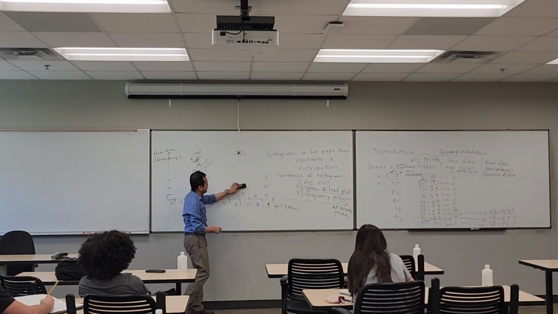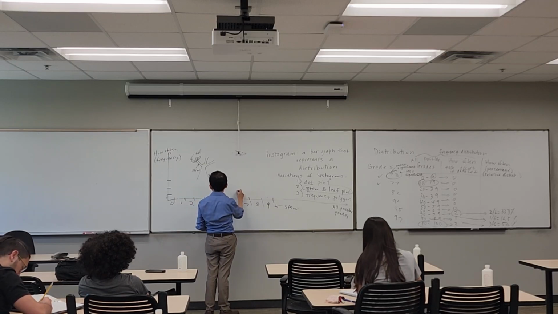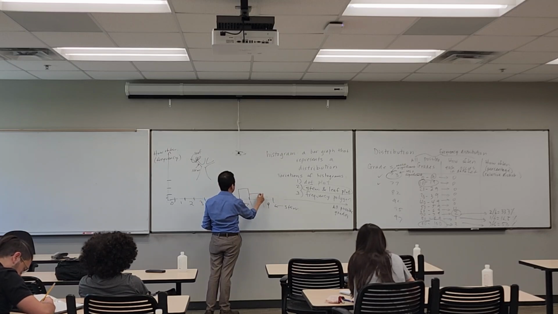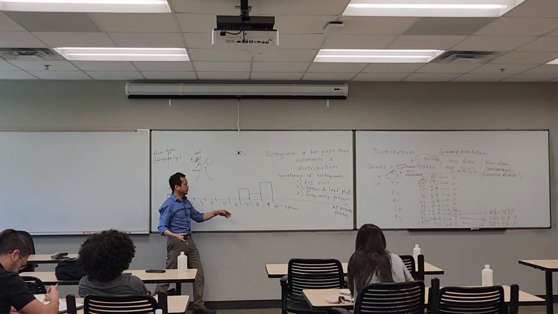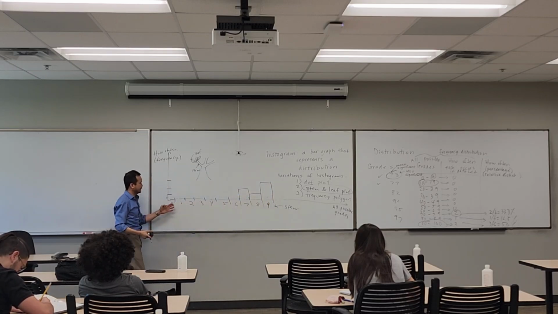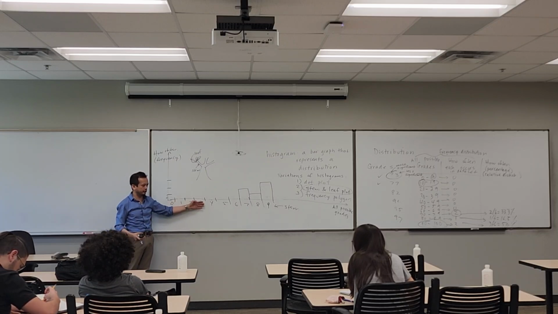If we go back to the original histogram, and let's say we chose to label our x-axis where the groups are, this would be the 0s, the 10s, the 20s, 30s, and so forth.